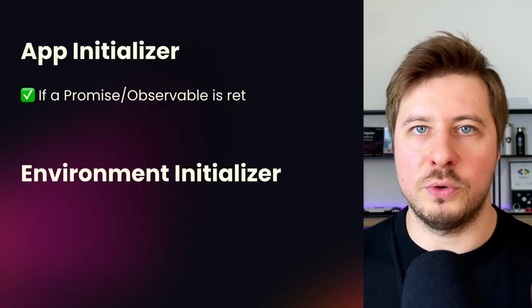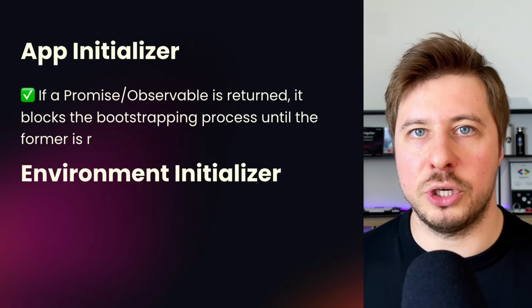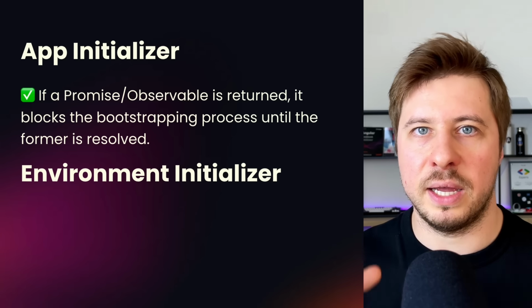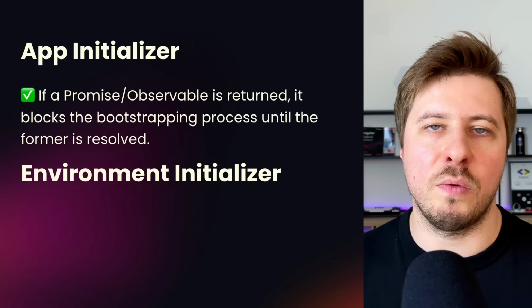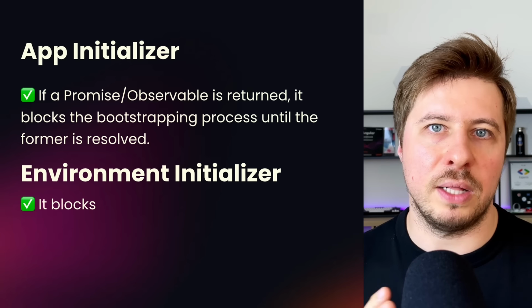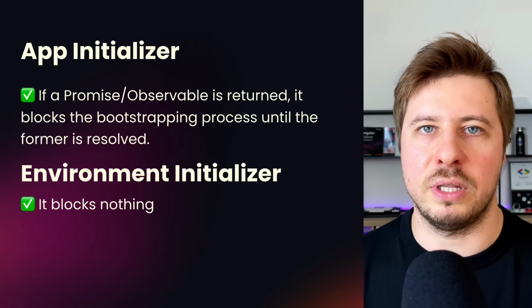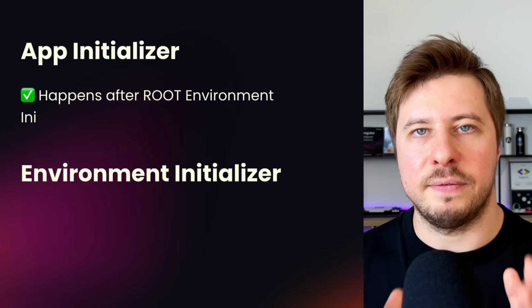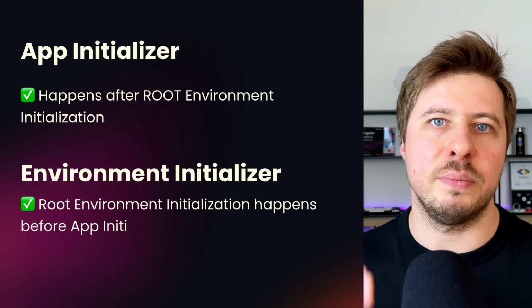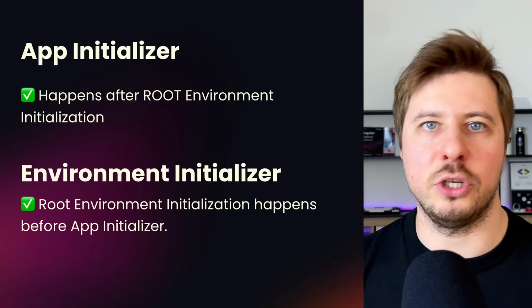If you return an observable or promise from the AppInitializer, it blocks the application bootstrapping process until the promise or observable is resolved, while the Environment Initializer doesn't block anything. And the last but not least is that Environment Initializer is called before the AppInitializer.